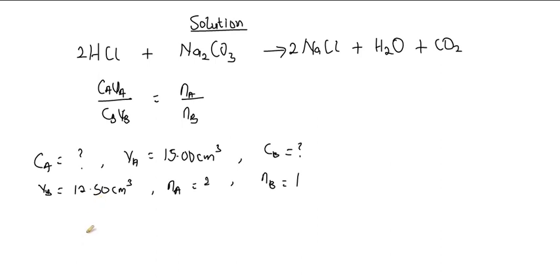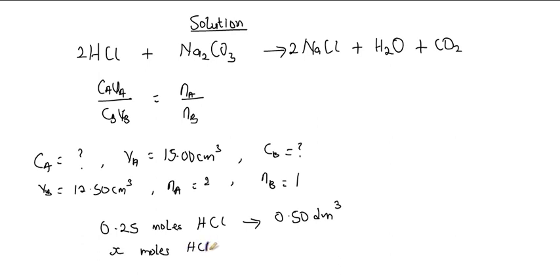So we can get that by using the relationship saying 0.25 mole HCl is present in 0.50 dm³. So how many will be present in 1 dm³? Then we say x moles of HCl is present in 1 dm³.